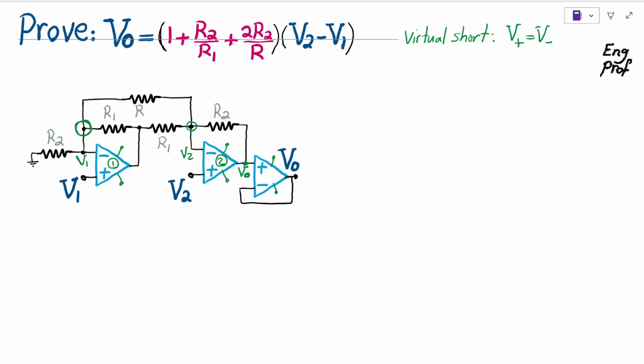Okay, so KCL at the negative input terminal of op-amp 1.